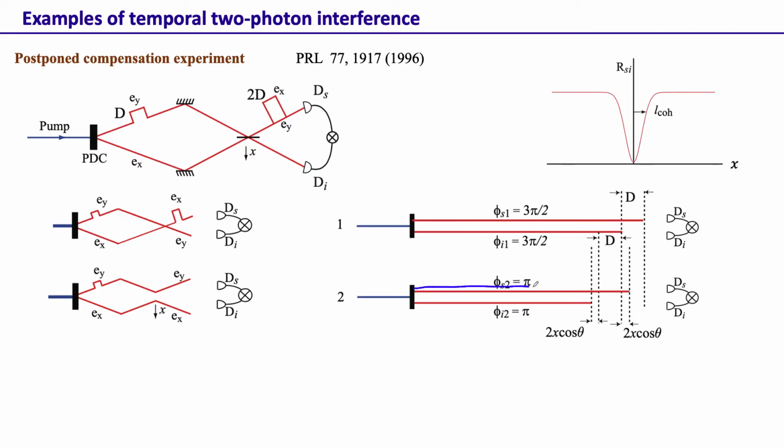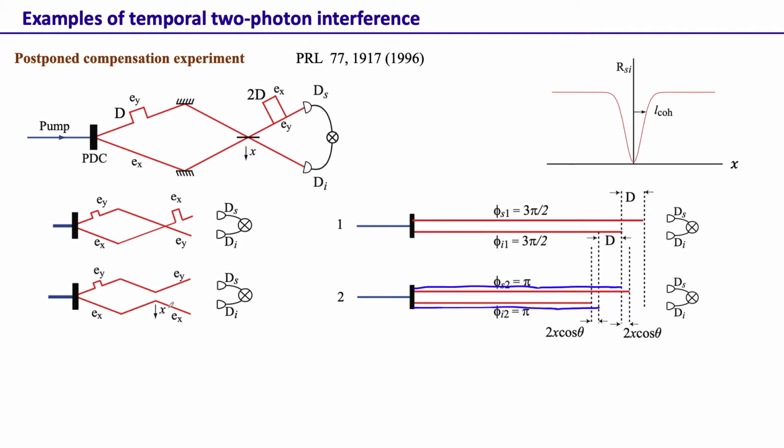What we have is that this goes only up to this point, and this one goes up to this point, so that the difference is again D. This one has an extra D, and this one is D less. So that's the length traveled by the signal photon, this is the length traveled by the idler photon, and the difference is D. So in the balance position, in the first alternative, the difference of signal and idler is D. In the second alternative, the difference of signal and idler is also D.